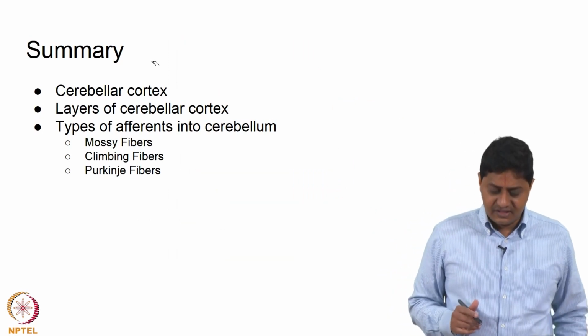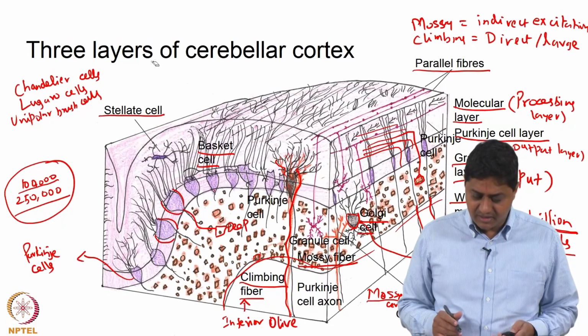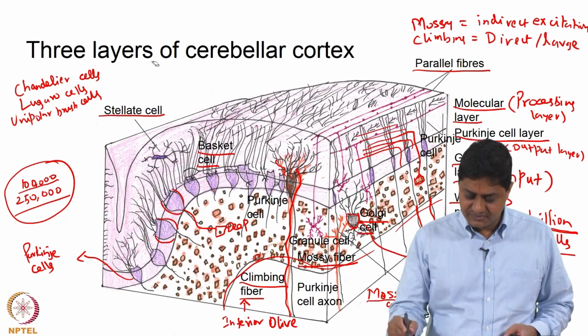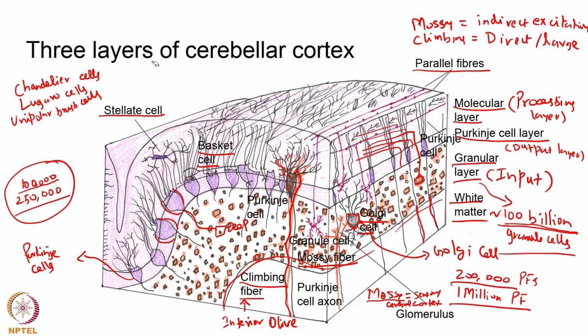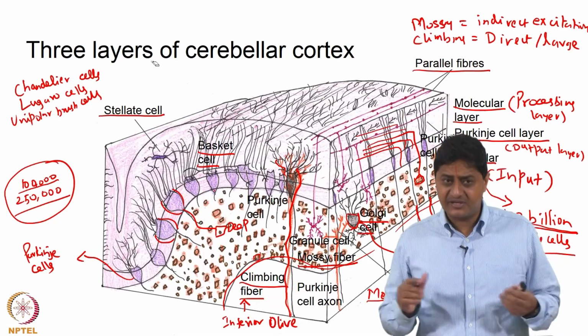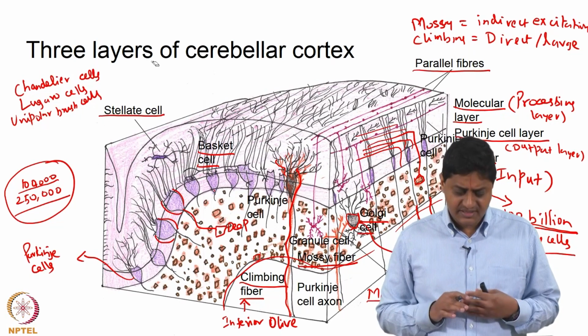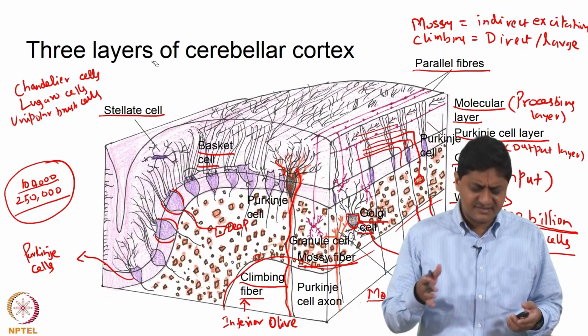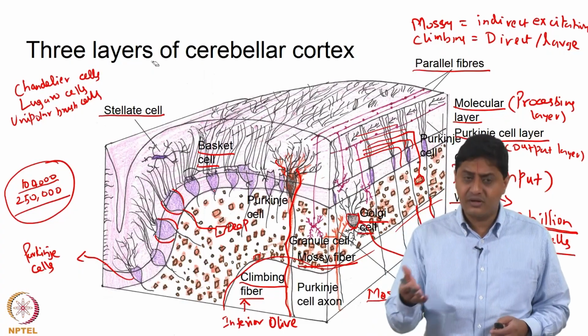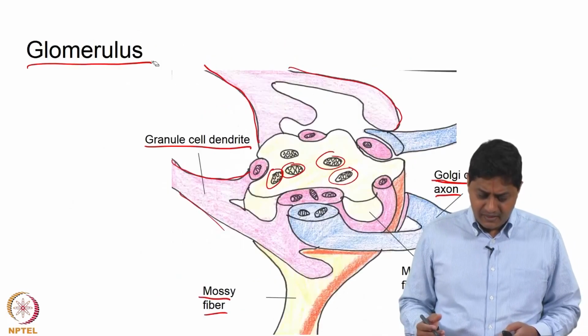So in summary, the cerebellar cortex is composed of 3 layers. These are the molecular layer, Purkinje cell layer, and the granular cell layer, and we described the types of cells in each of these. The granular cell layer contains mainly the granule cells and some Golgi cells. The Purkinje cell layer contains the cell bodies of the Purkinje cells, whereas the molecular layer contains inhibitory interneurons such as stellate cells, basket cells, and other cells such as Chandelier cells, Lugaro cells, unipolar brush cells, etc. Right.